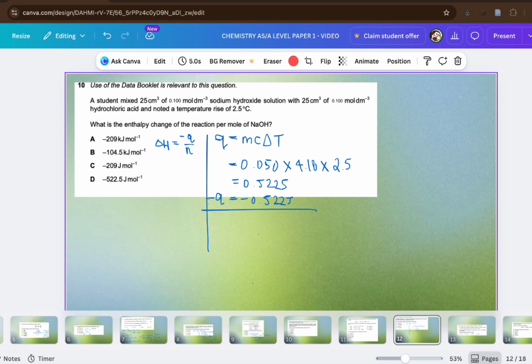Next, the mole: concentration times volume. Concentration is 0.100 or 0.1. Okay, we will write that. And it will result in 2.5 times 10 to the power of negative 3.